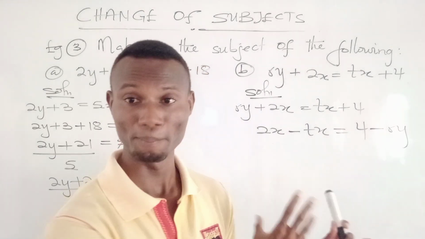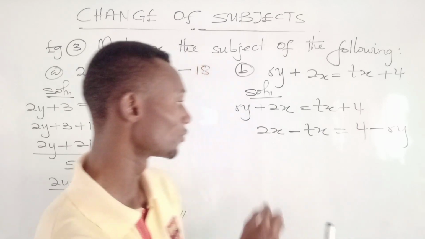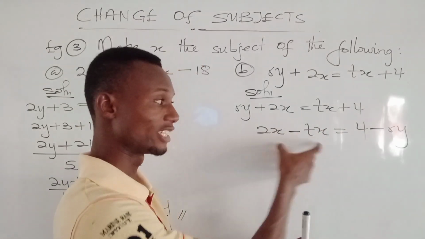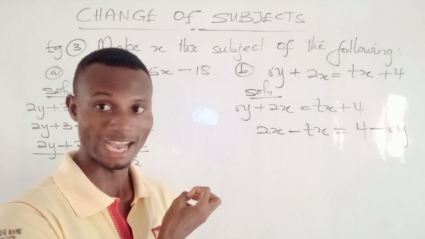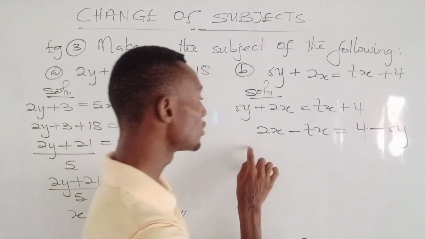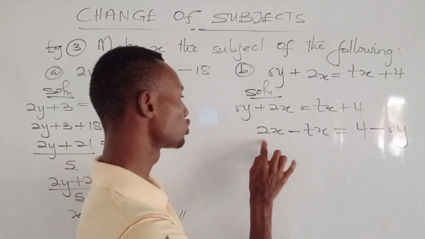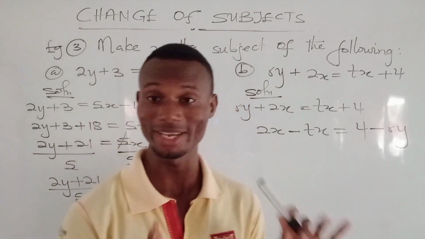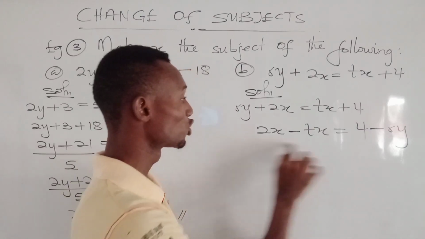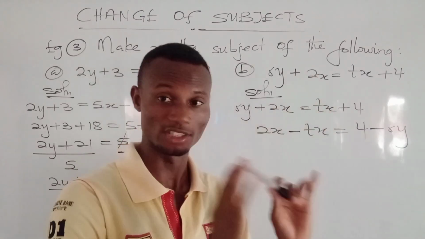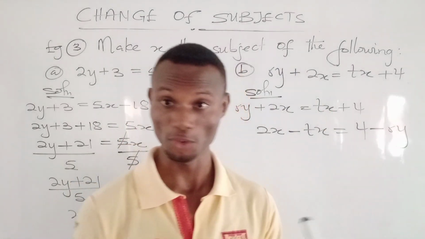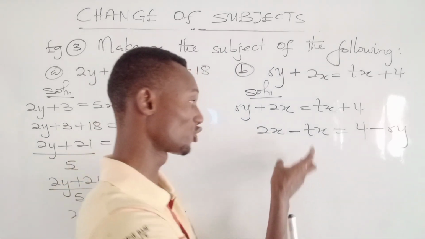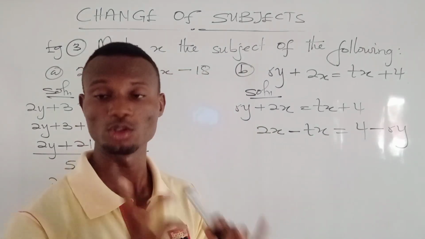So we are going to apply that knowledge here. For us to get S out of these two terms, we need to factorize S out. That's the only way. You cannot say you are dividing through by 2 minus t. No, it is wrong. Students make those mistakes a lot. If you go and divide through by 2 minus t to cancel out, it is very wrong to do that. So the only way is to factorize S out of them.